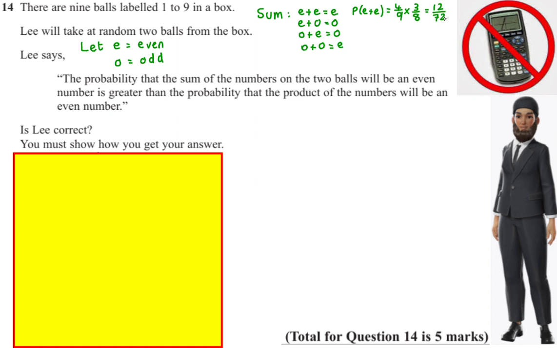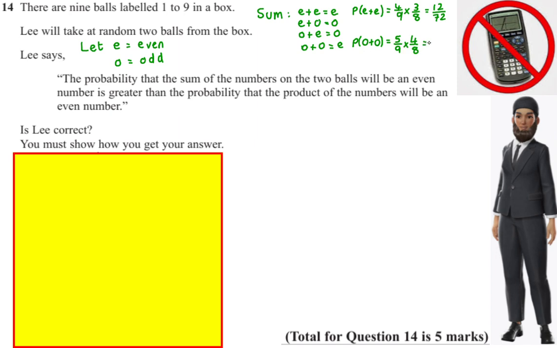Now in terms of the odd, let's write this down over here, probability of odd plus an odd. Well, how many odds are there? First time round, there's 1, 3, 5, 7, 9. So that's going to be 5 over 9 multiplied by, well, you've taken one odd out, so it'll be 4 over 8.